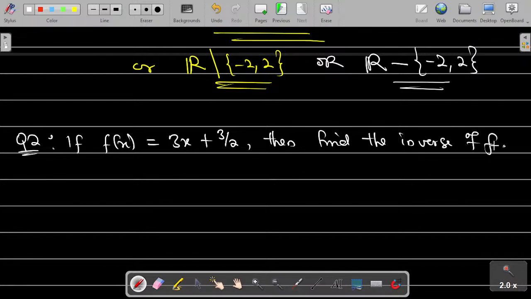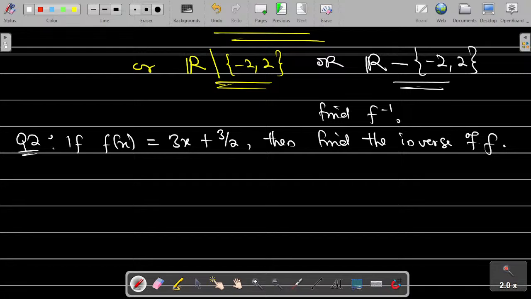Another way they can write this is just to tell us to find f inverse. Either way, you should know that they are asking for the inverse of f.